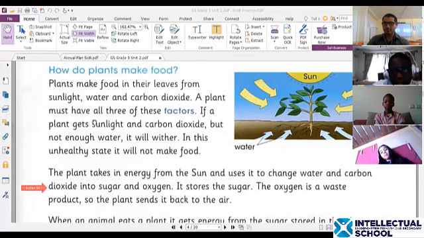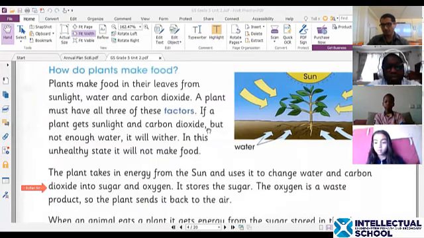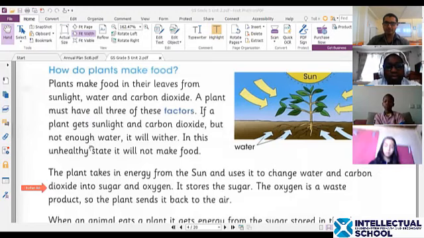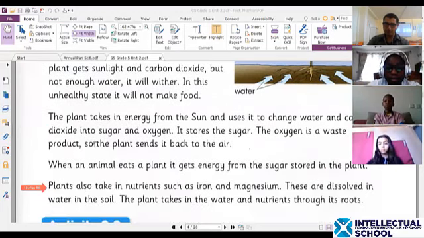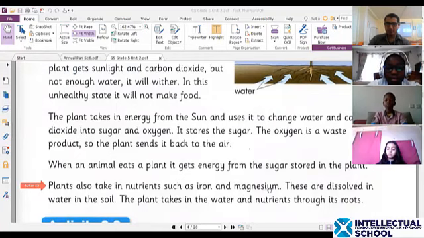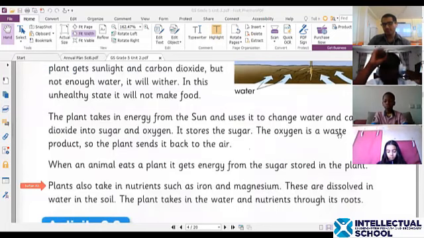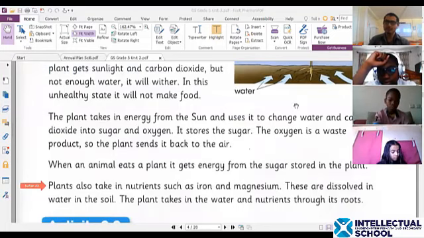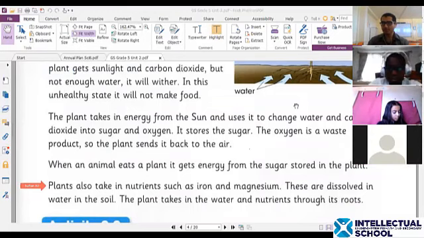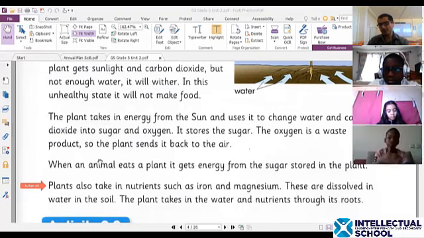So like I said, plants produce their own food using the process of photosynthesis, which you are already aware of. Now here it says plants also take in nutrients such as iron and magnesium. They take these nutrients from soil through the roots. Roots provide water and minerals, and iron and magnesium are the types of nutrients needed by the plants, especially for the chlorophyll.